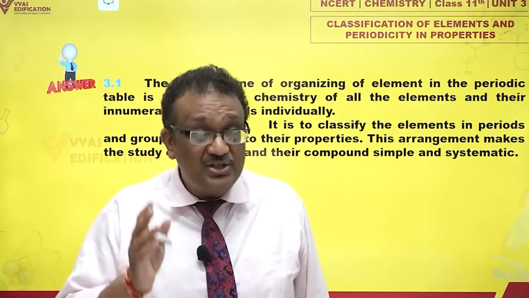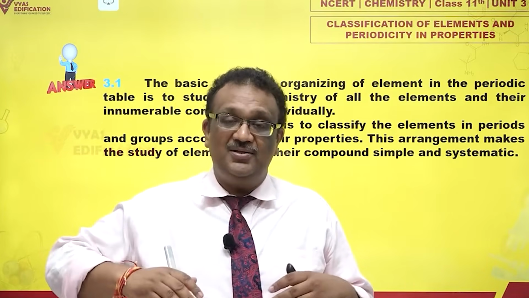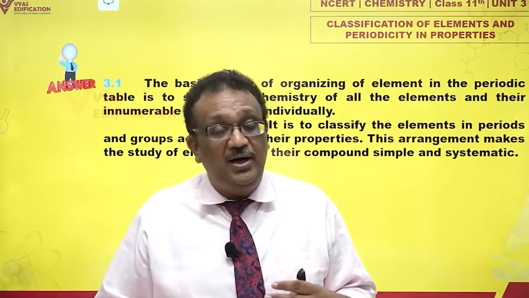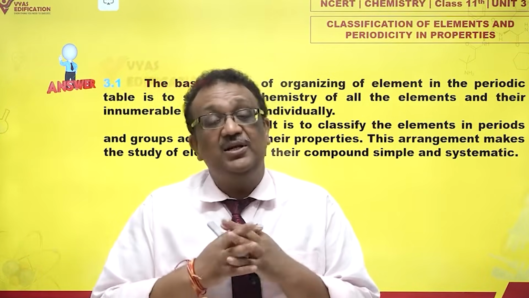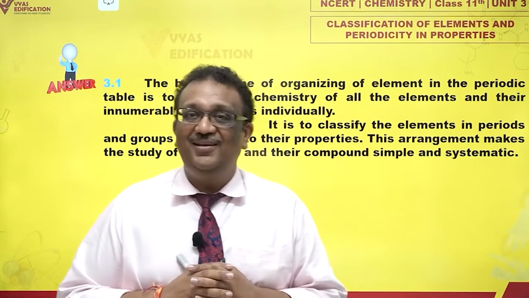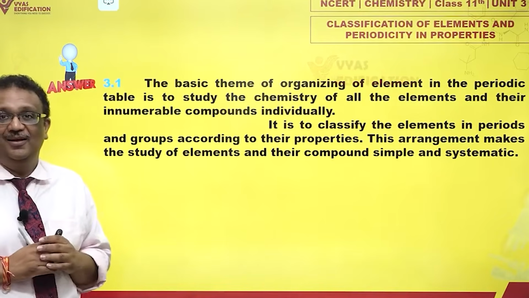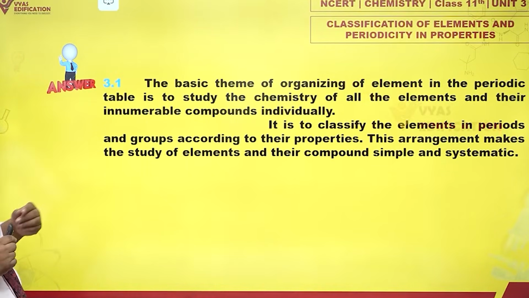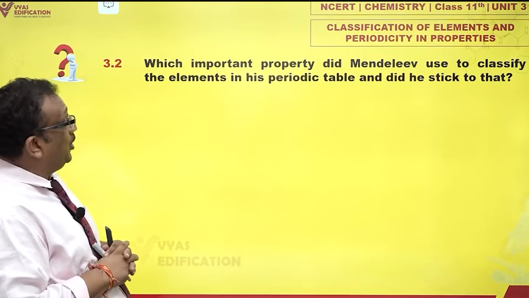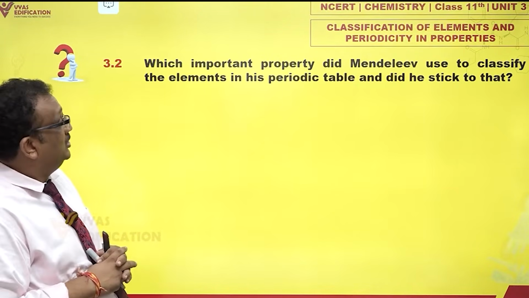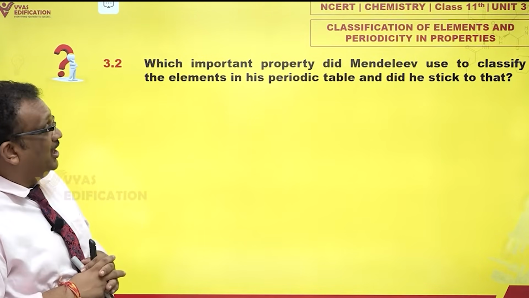Trends and similarities can be seen so that repetition can be avoided and they can be studied together more concisely. This, my dears, is the theme which is also answered here. I'm moving apart so that you can actually take a screenshot and use it for a verbatim answer in case you desire one.